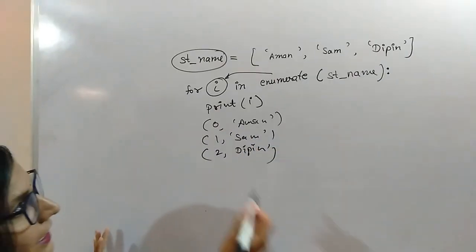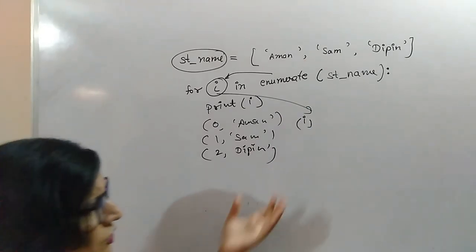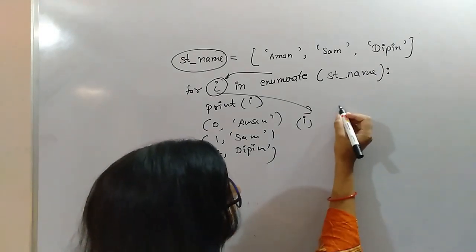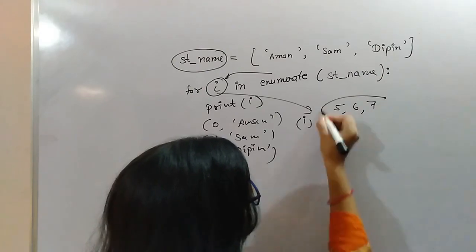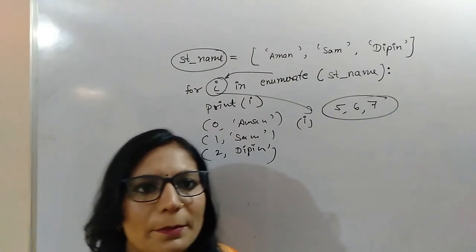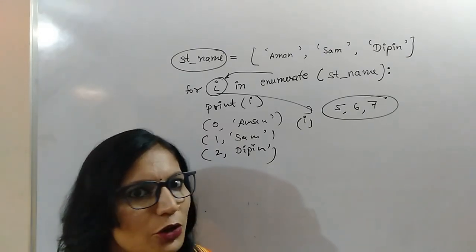Here I want to explain what i is. Just to understand this, I am giving you an example. Let's say I give you 5, 6 and 7. These are three numbers, and I want you to add 2 to each of them. So what are you doing? You are doing the calculation in your memory.